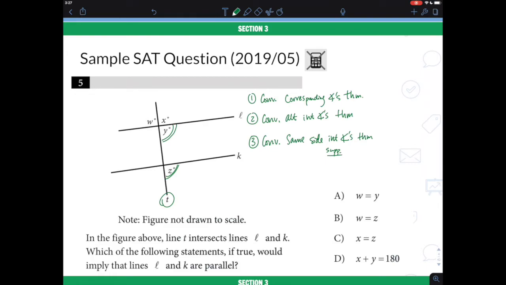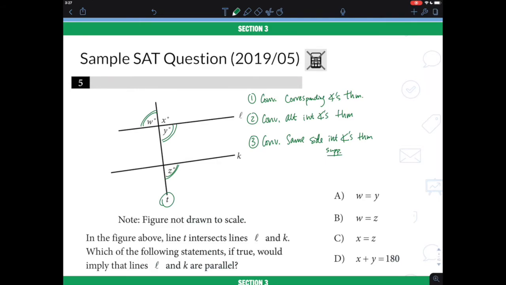So we wonder if there is any other angle that would help us out. If you understand vertical angles, which is that when you have two angles formed by two straight lines, the ones that are vertically across are the same. So in this case, W is the same as Y.